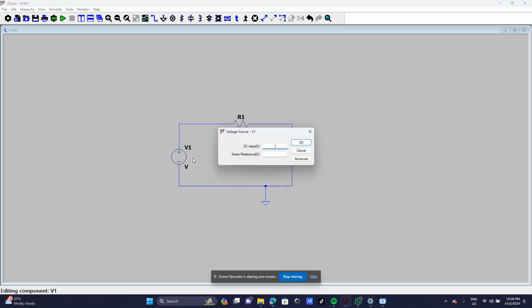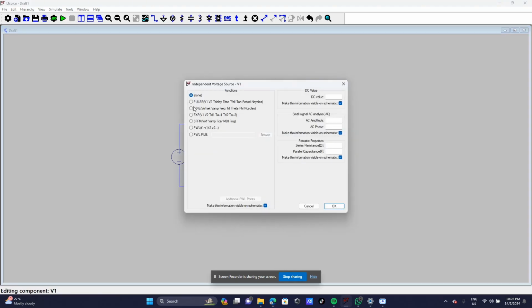Just right click and then go advanced. I'm going to put in a sine. So put it on sine, and we have the amplitude, which we're going to go with 5, and then the frequency. All of these values will be shown in my calculation after this, and the frequency is 8 hertz, and the phase is 90 degrees.